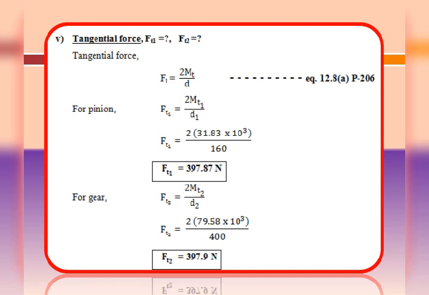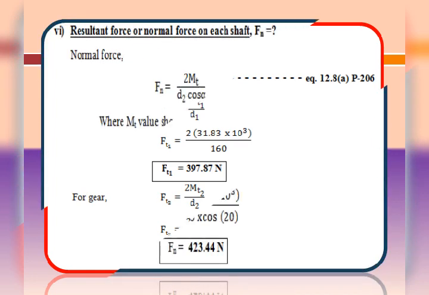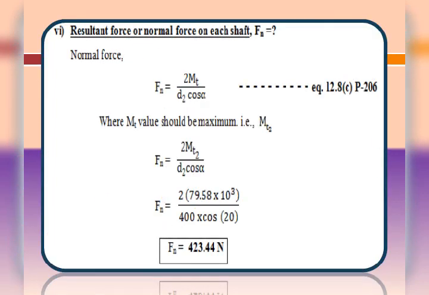So we get Ft2, the tangential force on the gear, equal to 397.9 Newton. Here these two are almost the same. We go for the conclusion that the tangential force Ft is 397.9 Newton.